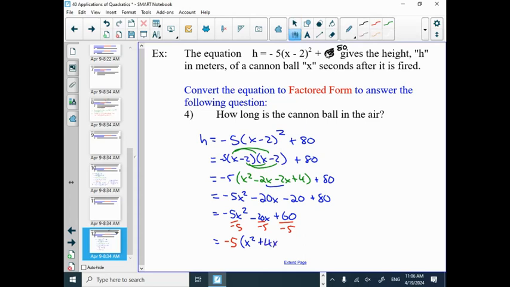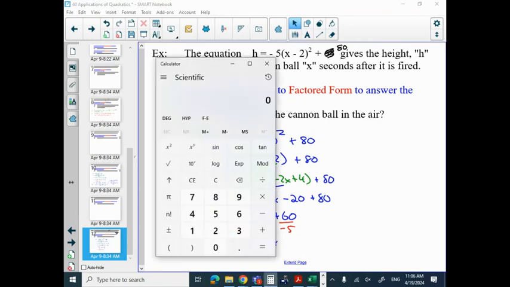And the 60 divided by 5, let's just be clear here, you don't need to worry about times tables and whatnot. So you do your 60 divided by 5. Full disclosure, I'm doing this on a Friday.